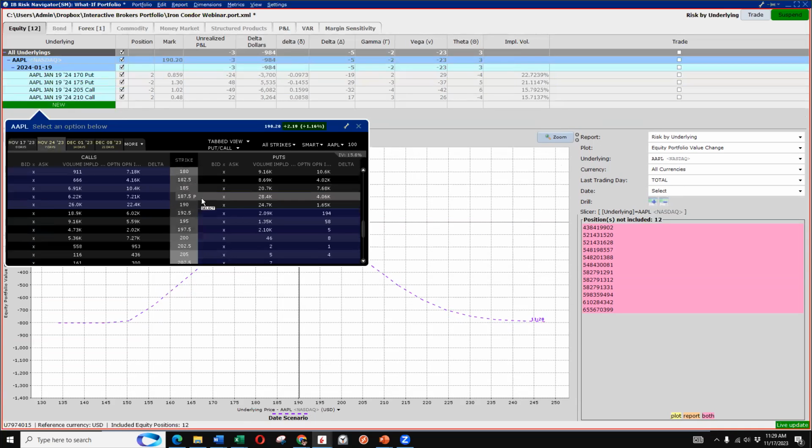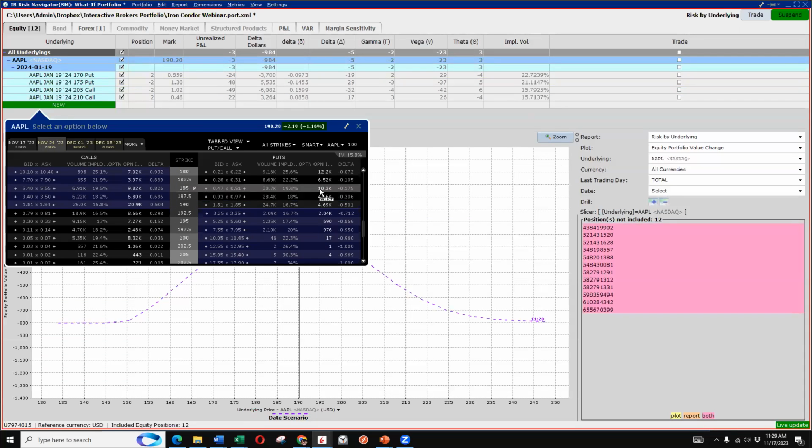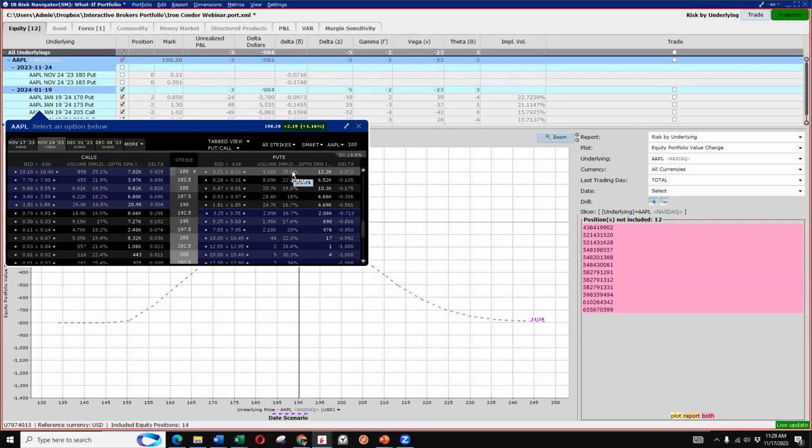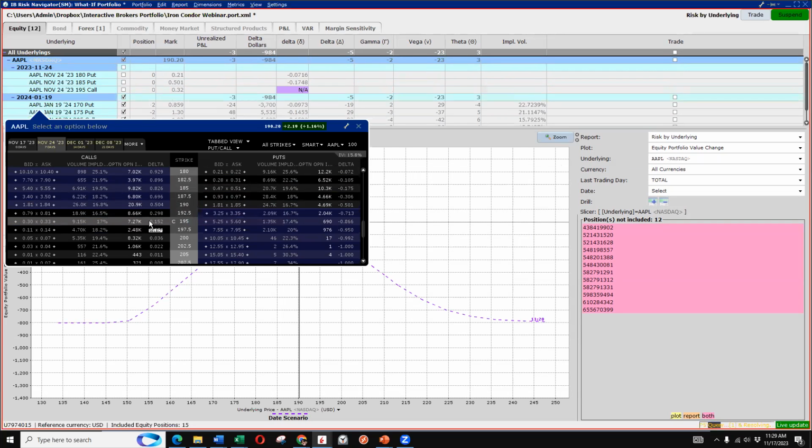So let's use next week. Try and use roughly the same delta. Now we've got a 10 or a 17, so I'll go with a 17. That's closest to the 14. Those will be our short puts. Those will be our long puts. So 185, 180. And then on the upside, we've got 15 delta, 195, and 200.